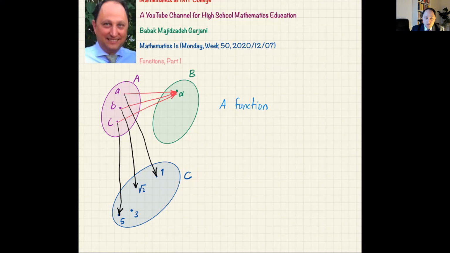Okay, so you can't have A simultaneously connected to B and C. So if you do this, this is not one function. This diagram that I just drew here represents two functions. One function from A to B, another function from A to C.